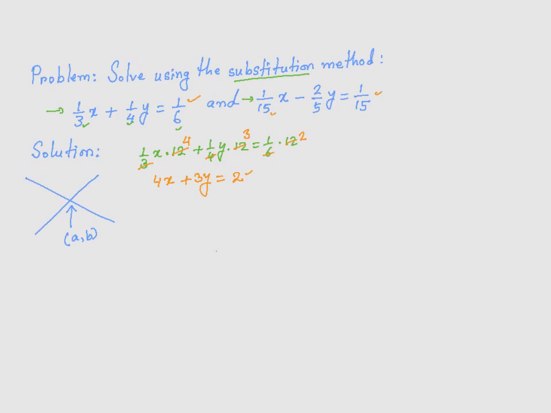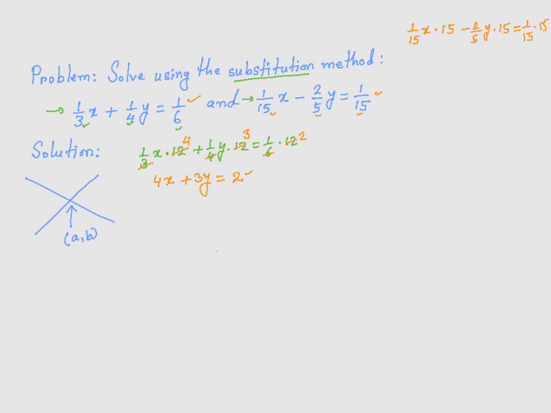The LCD of 15, 5 and 15 is 15, so I'm going to multiply 1 over 15x by 15, minus 2 over 5y by 15, and 1 over 15 by 15.